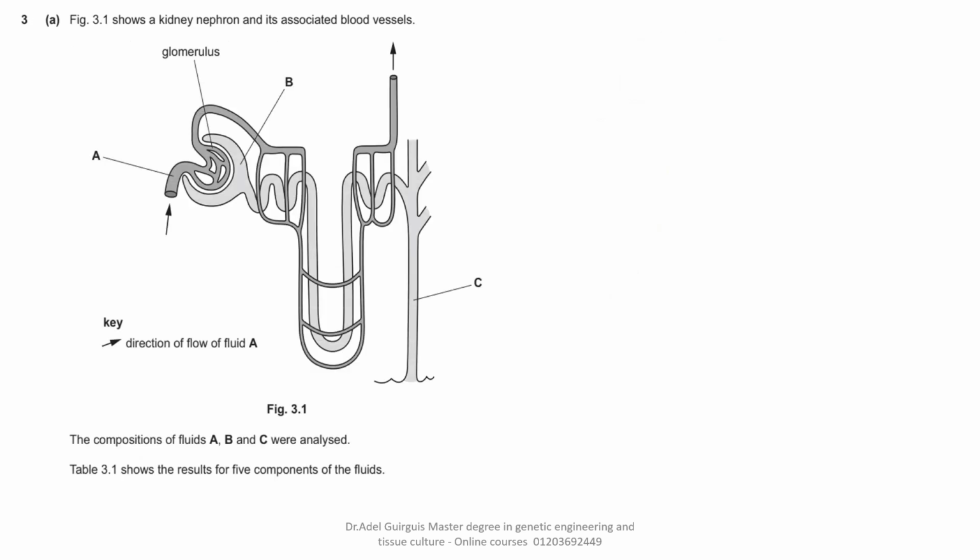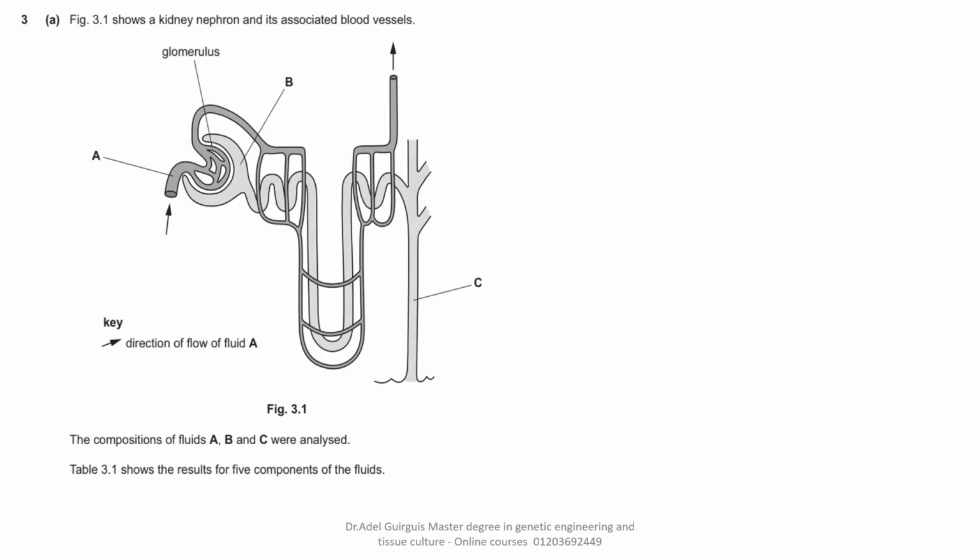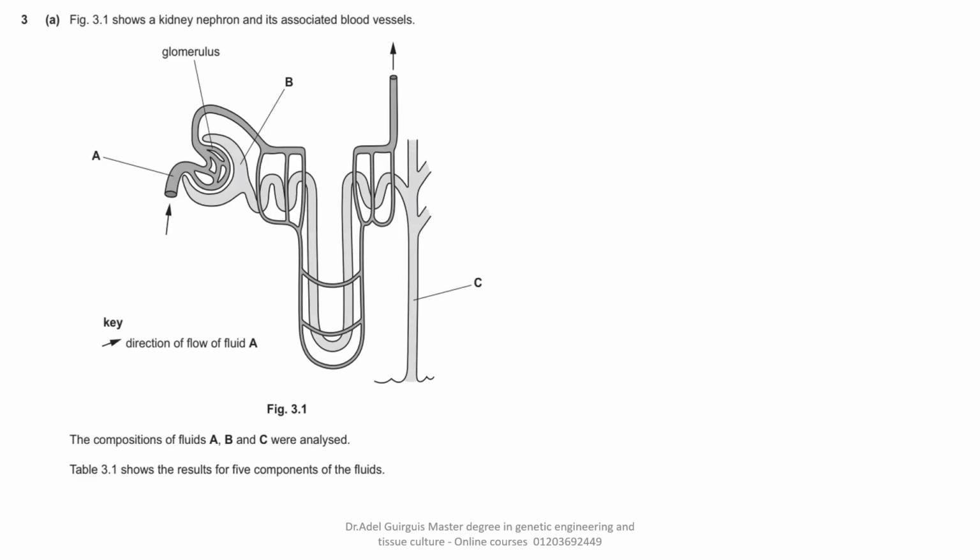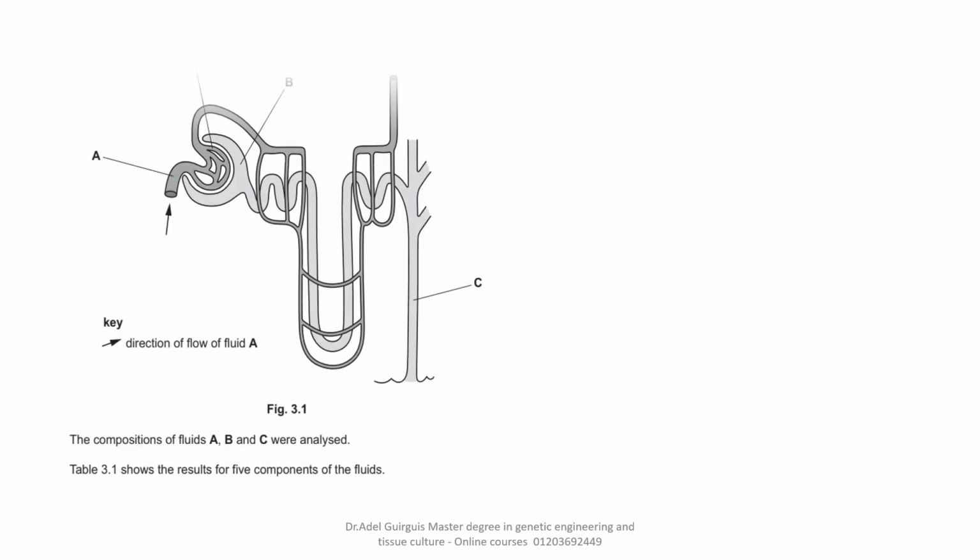Now for question number 3, figure 3.1. Figure 3.1 shows a kidney nephron and its associated blood vessels.